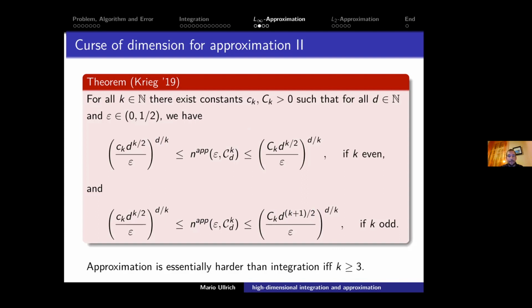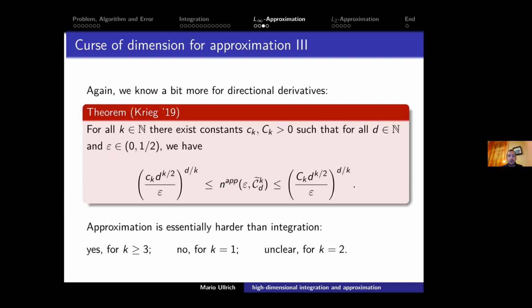Okay. So again, let us go to the case of directional derivatives, because here the story is again a little bit different. For directional derivatives, we know the precise order: we know the upper bound and we know the lower bound. And here you just have this exponent k/2. So we know how this depends on epsilon and on d.